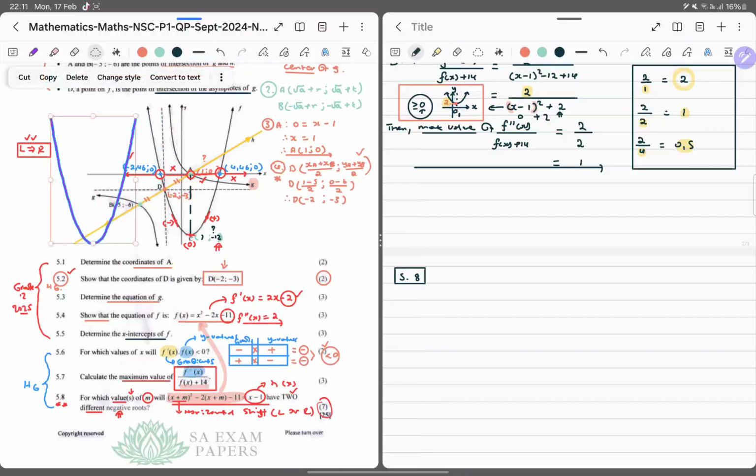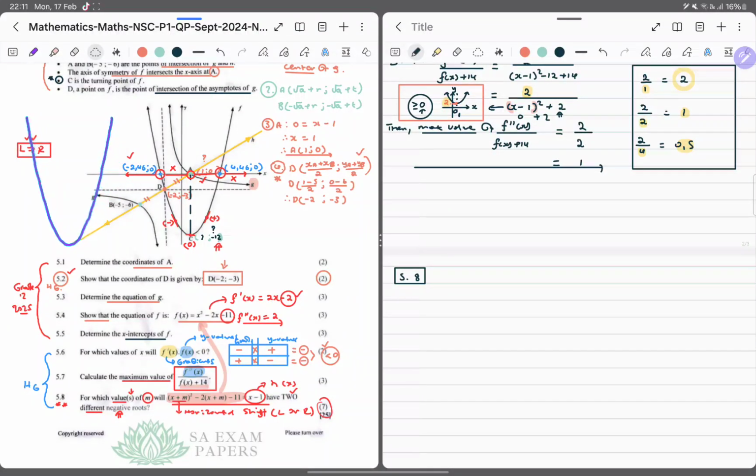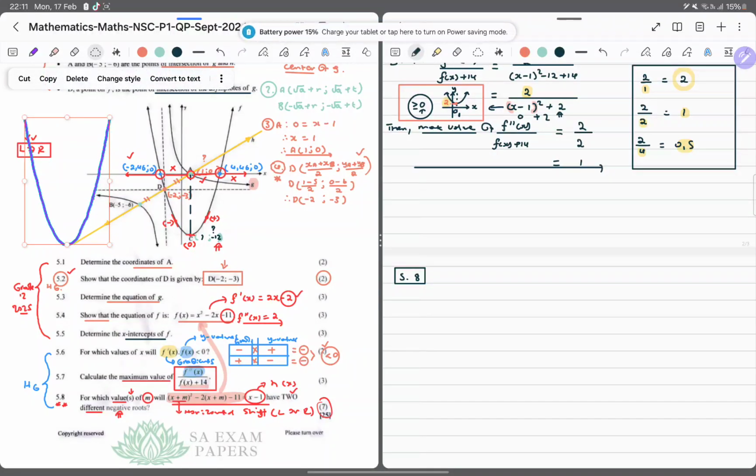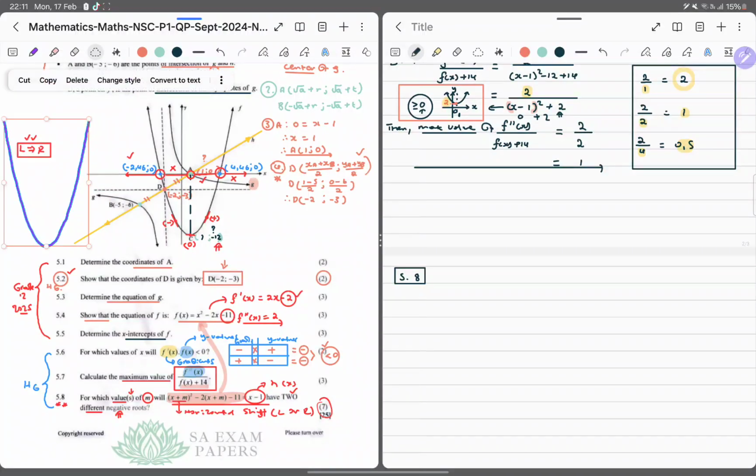If we do this, yes, we will see that the points of intersection are essentially two distinct negative roots. But once we hit the bottom there, it becomes tangential. Now, once it becomes tangential, it's a single point, so there are no two roots there. There's one root. And if we move this further, then there's no contact between the two graphs.